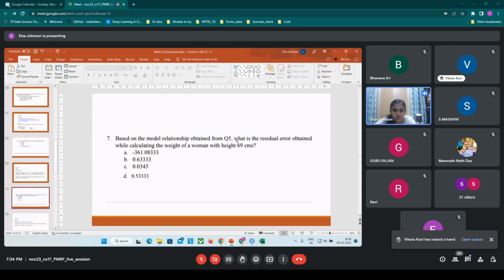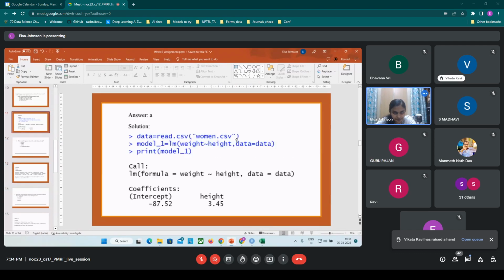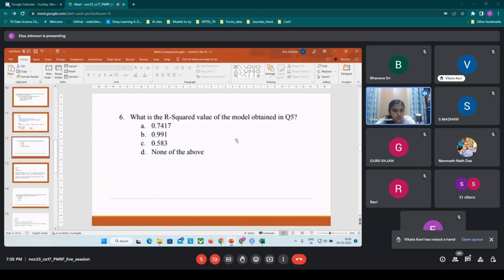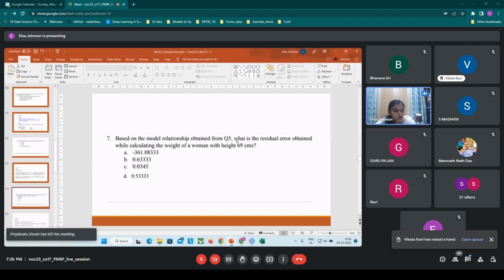Right now what you have got is intercept minus 87.52 and height coefficient 3.45, the beta 1 value. If you have a new value for height, you have to find out the prediction.